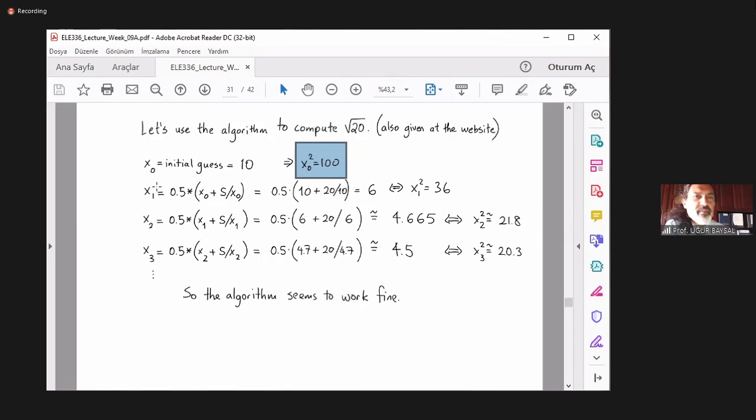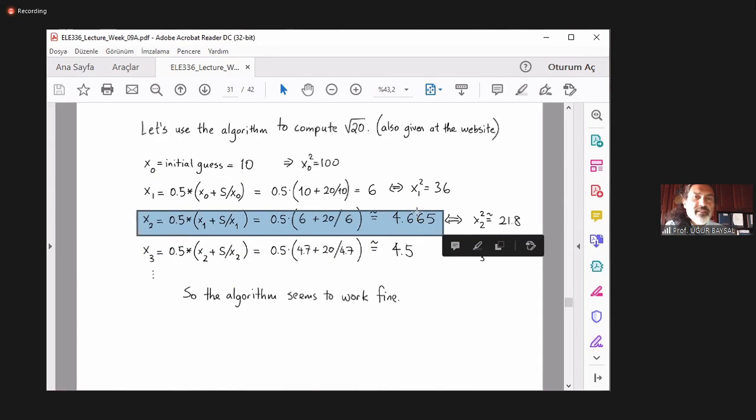So, well, of course, this is, let's say, a too high guess, okay? So the next guess with that formula is 6. So 10 goes down to 6, which is a better approximation, but this is still high. So the other guess is this, okay?